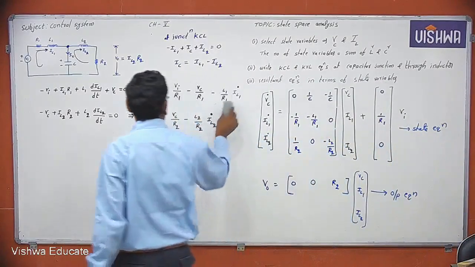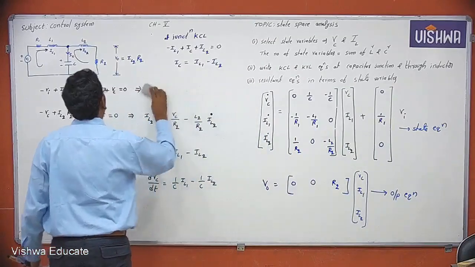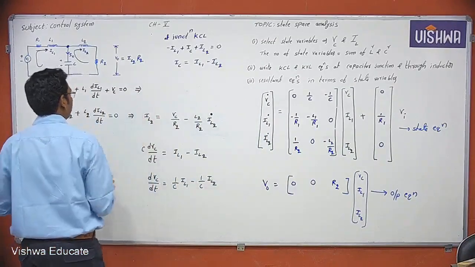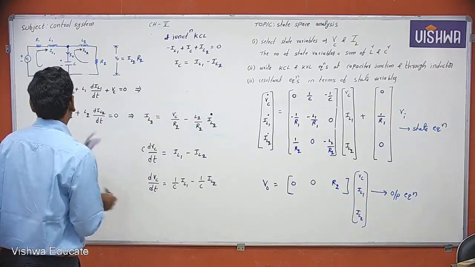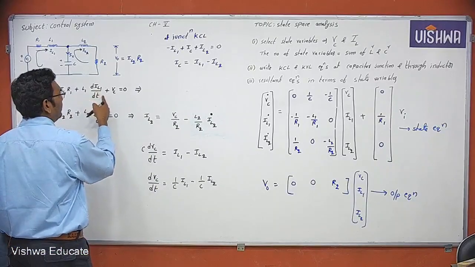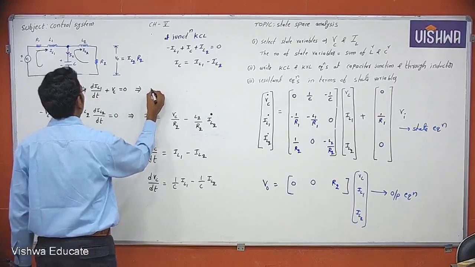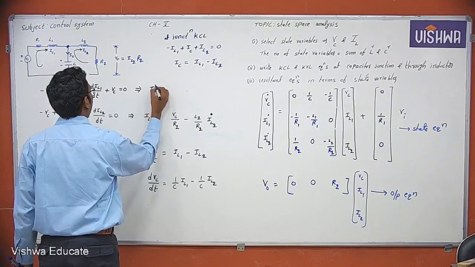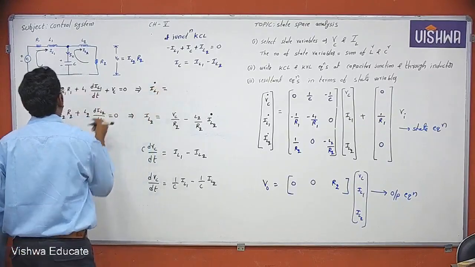In these equations, we made some small mistake here. Now see here. So what we want? We want IL1 dash. What is IL1 dash?